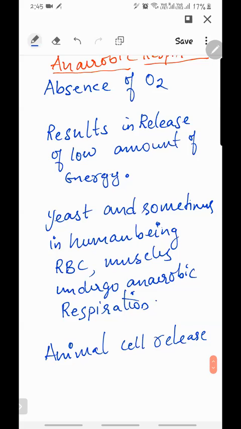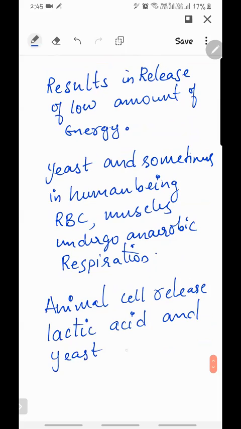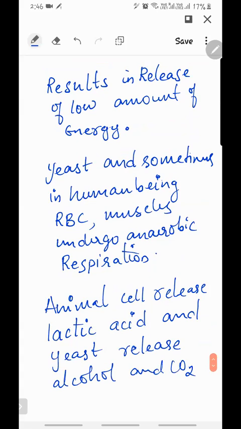RBC is red blood cell. The animal cell will release what? Lactic acid. And yeast releases alcohol and CO2.